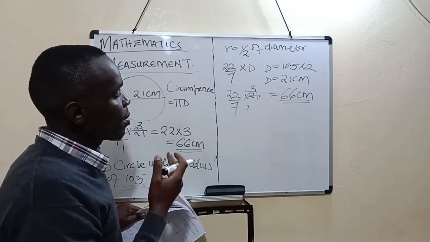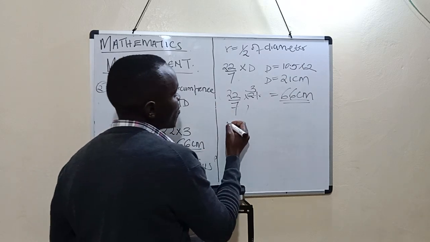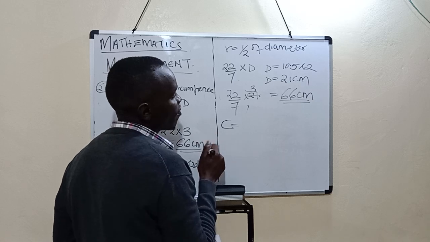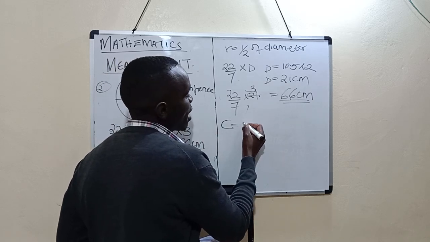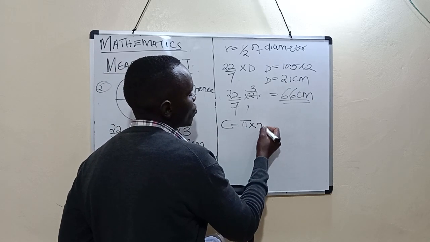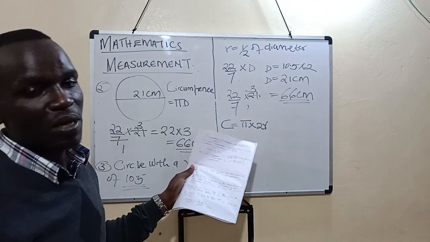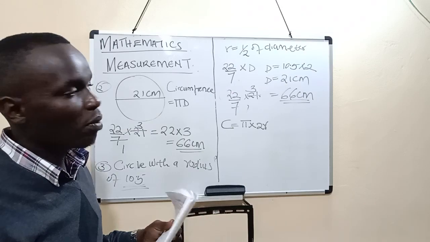You can just come here and say circumference in this case, sorry, my pen is misbehaving, will be given by pi times 2r, which means the radius multiplied by 2.